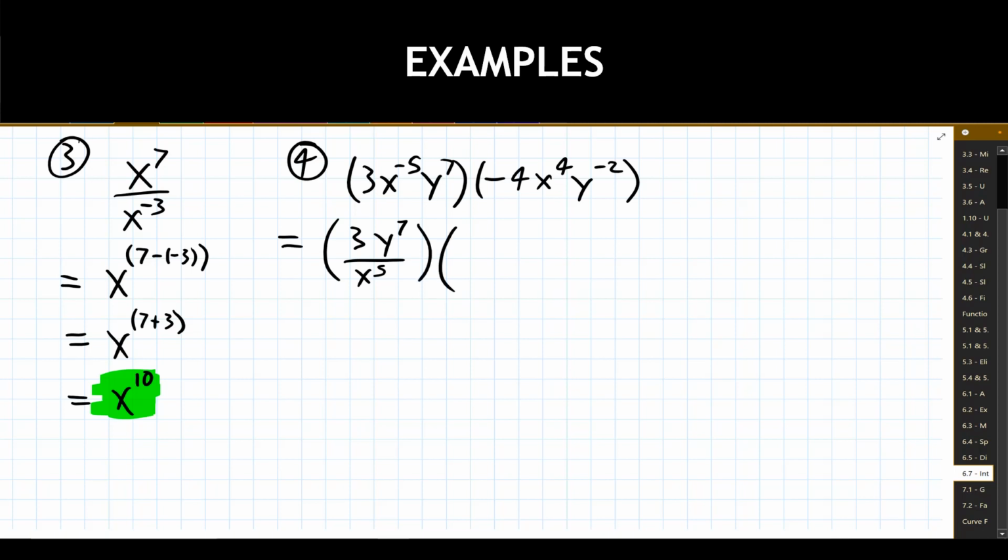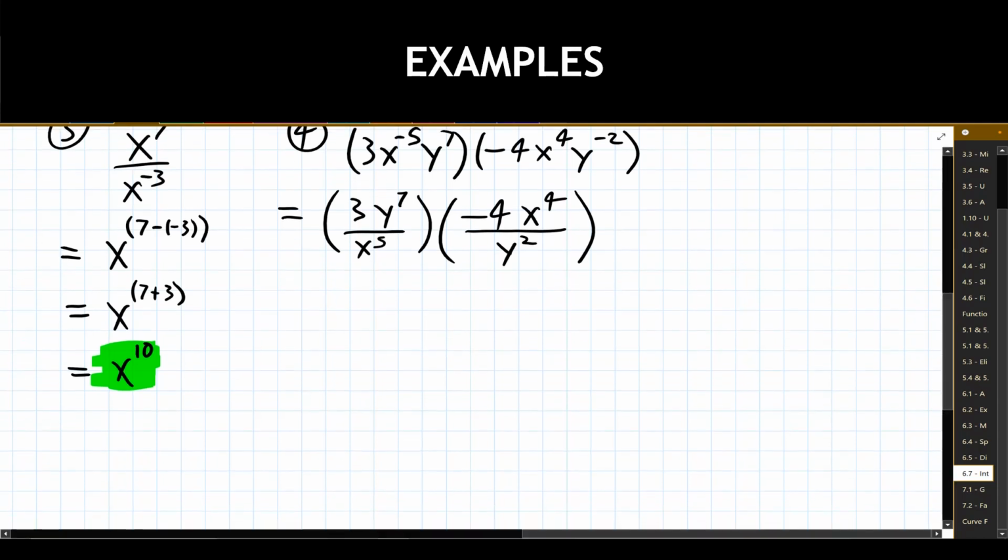And for my second one, the negative sign is going to stay, the x to the 4th is going to stay, and y to the negative 2nd power, that negative exponent is just going to move that y to the denominator spot. So now I have this thing rewritten. I have no negative exponents anymore, which is nice. Step in the right direction there.